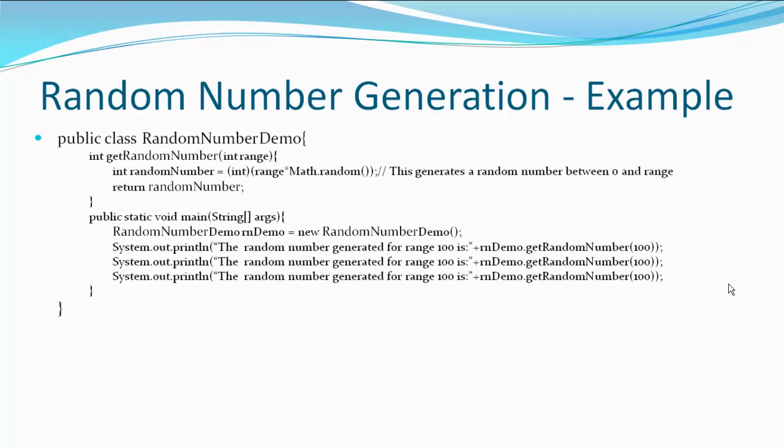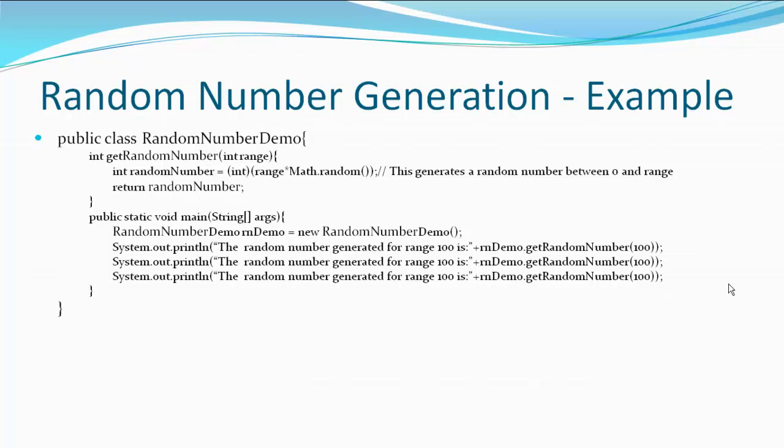Here, as you see, we have class RandomNumberDemo, and inside the class we have the method getRandomNumber, which takes an argument of type int and whose return type is also int. And inside the method block getRandomNumber, we have the method random being utilized.